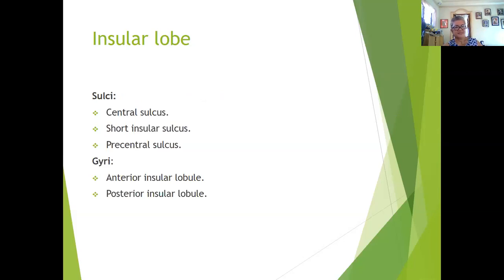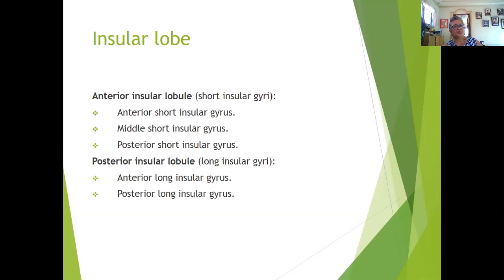So it has three sulci: the central sulcus of Rolando, which will be traversing through the insular lobe, the short insular sulcus, and the precentral sulcus, which will also traverse inward to the sulci. Then the gyri will be an anterior insular lobule and a posterior insular lobule. Now, your anterior insular lobule is also known as your short insular gyri.